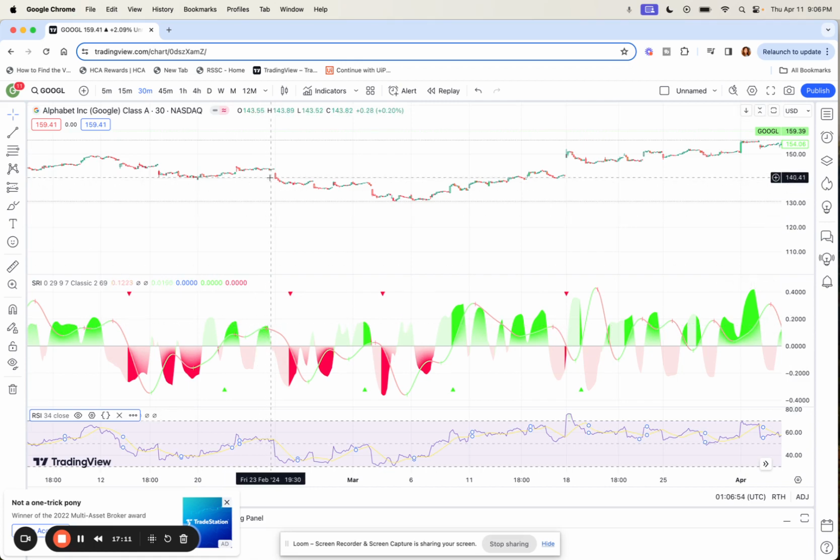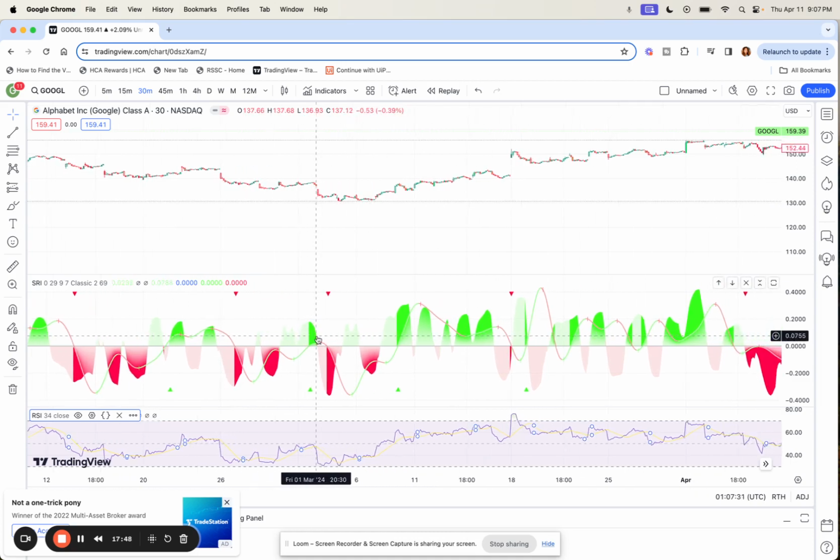When it reached here at 144, it turned red, and that's when you want to get out of your position, because if you had a call, sellers are in the market, so you definitely don't want to hold calls. You want to get out of your calls and buy puts if you're going to play the puts, and you would be making money if you had gotten into this put here, because it came all the way down from 143 to 130.